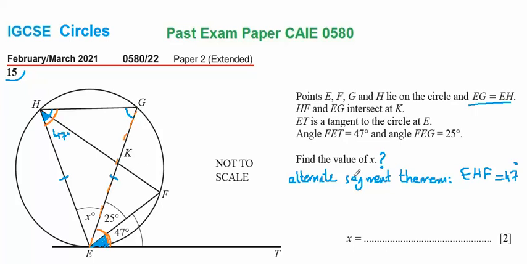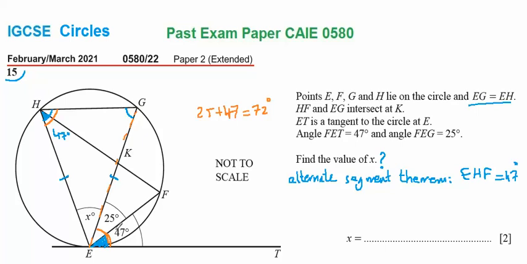Using the alternate segment theorem again, first we find 25 plus 47, which is equal to 72 degrees.